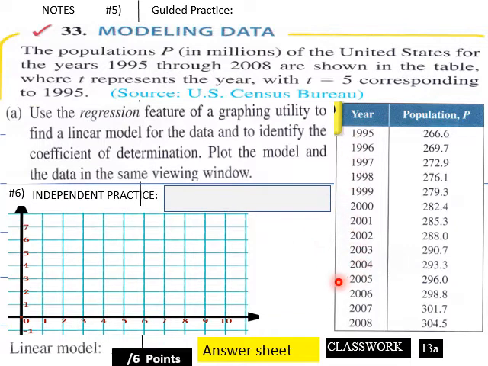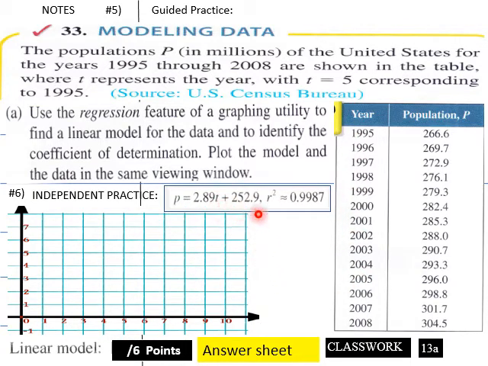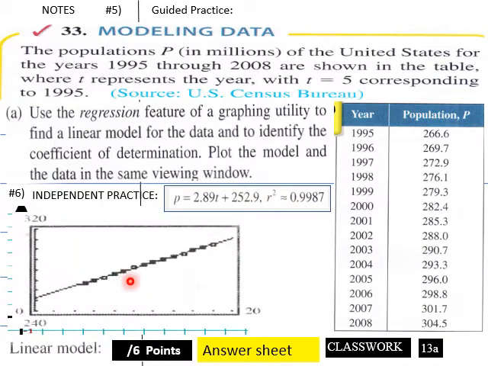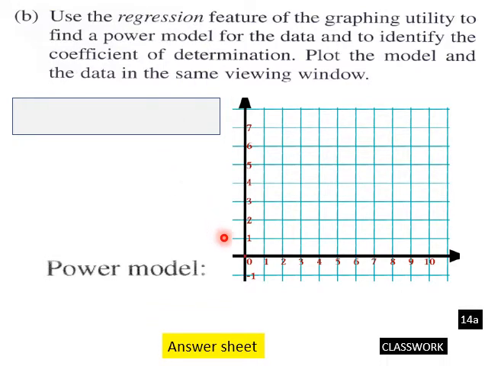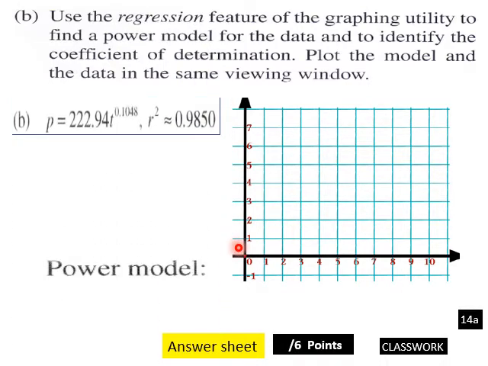Okay, so here is our data. And then here would be what your linear model would be here. And then our coefficient of determination would be 0.9987, that's pretty close. And then this would be your plot and your graph here for part A. Part B, using the power model for that. Once you crank that in and then crank through your power model, 0.98, that's pretty close.